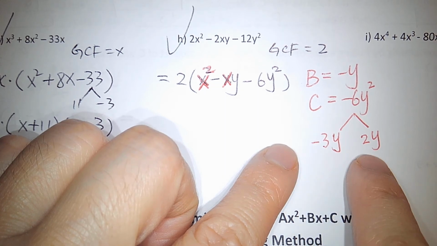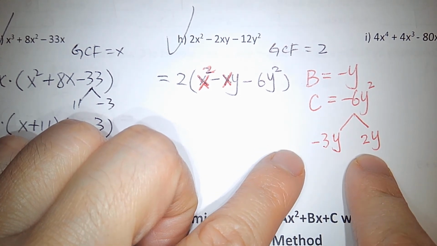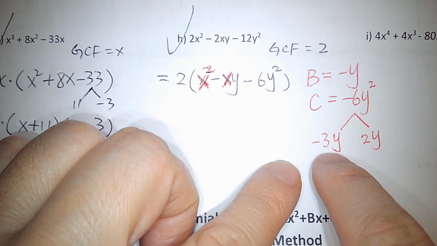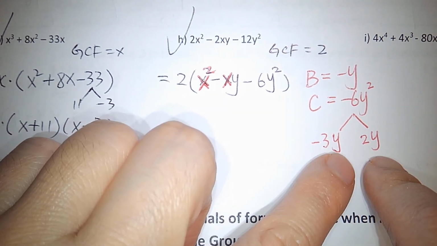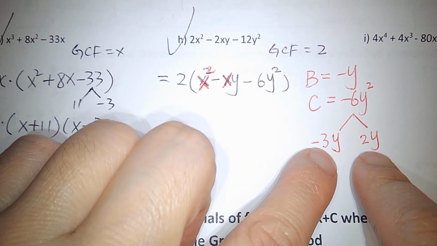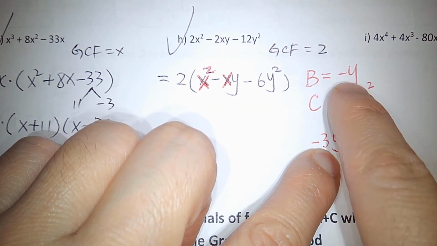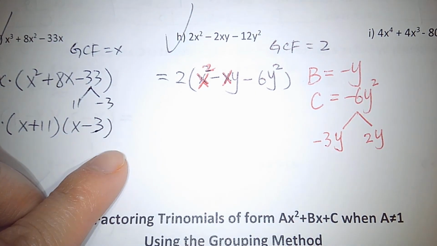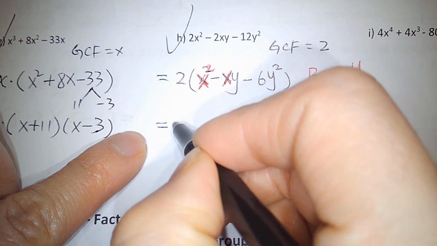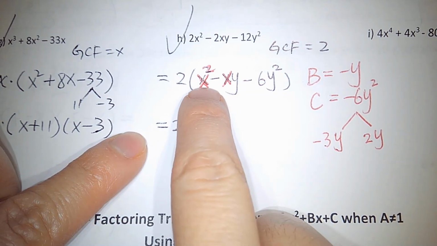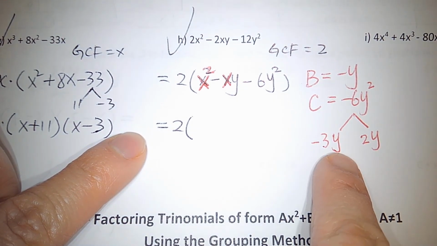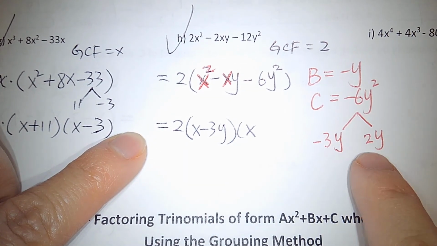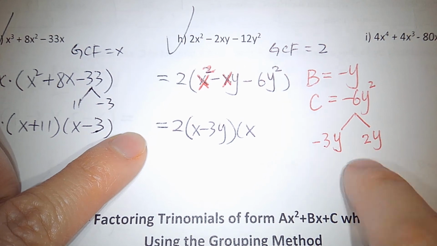What do you think of negative 3 and positive 2? So factor negative 6y squared as a product of negative 3y and positive 2y, and the sum of negative 3y and 2y equals negative y, right? So we can rewrite our conclusion as 2 times x minus 3y, times x plus 2y, okay?